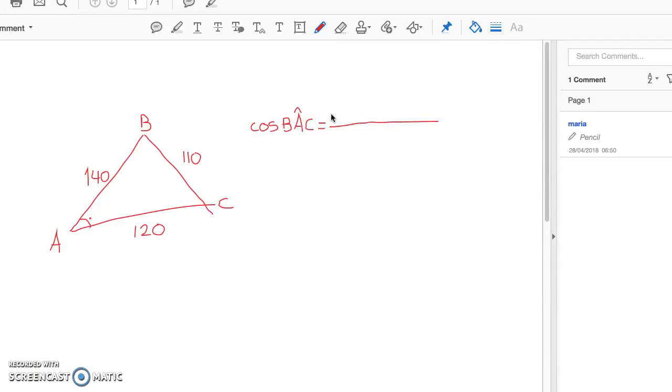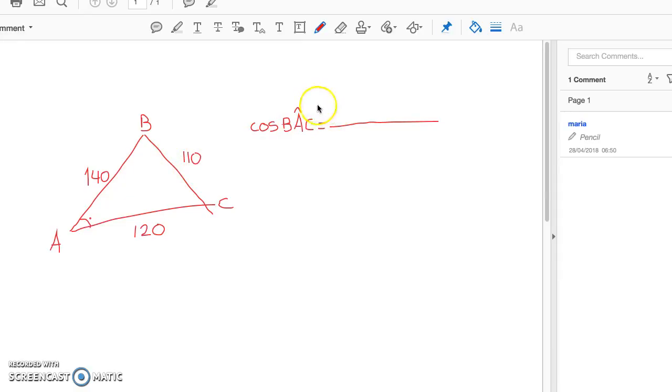So here is my triangle, and because I'm interested in this angle, BAC, what are the sides? These are the 2 adjacent sides, and this is the opposite side. So this is what I need to write in my formula.